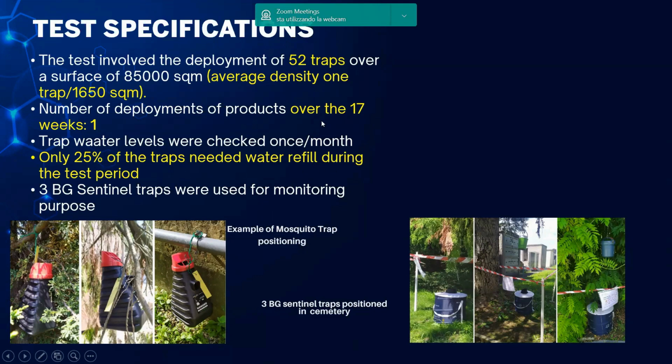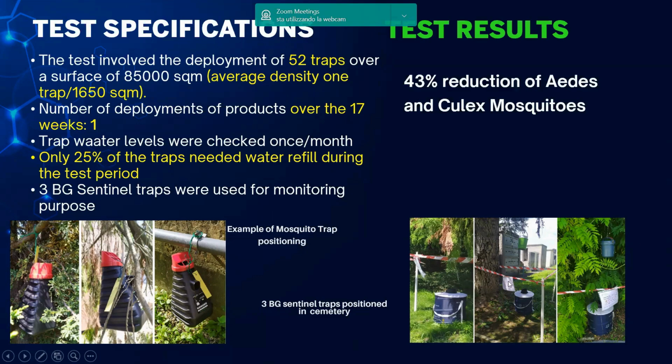The test period lasted over 17 weeks, way longer than what the label or our claims pretend the product to last. These are the sentinels. The result of the test was a documented reduction of Aedes aegypti mosquitoes of about 43% between the treated and the control. This is a result in the worst possible scenario that we were able to find.